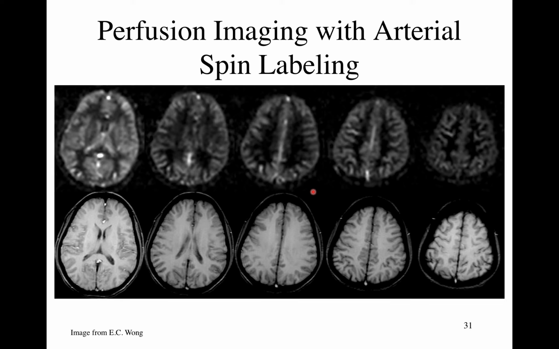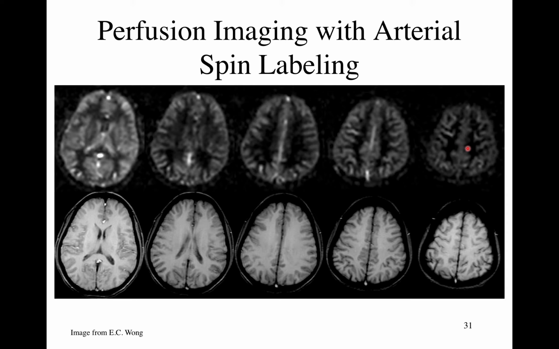And so here's some slides from Eric Wong, who works with Tom, where you have the anatomical slices of the brain, and then the brightness of the signal in these pictures is entirely proportional to how much blood has flowed into this slice over the time that you're imaging or the time you're evolving the signal.